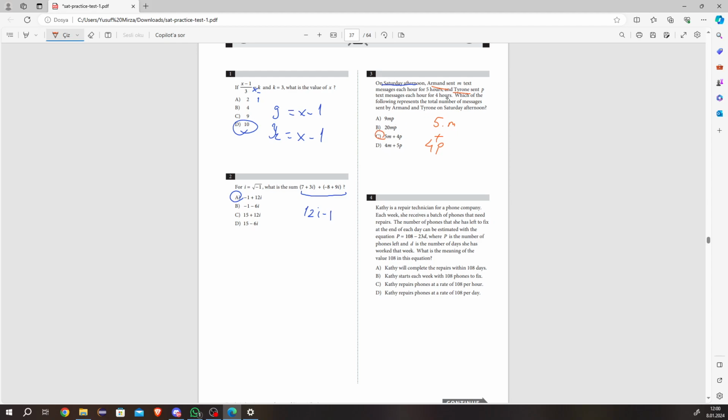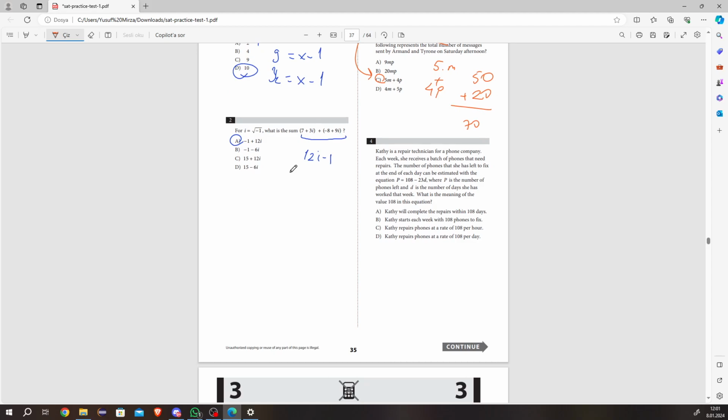Also, we can assume m is 10 and p is 5, and 10 per hour makes 50, and 5 with 4 is 20, which is 70, and you can put them there and select the correct answer. If the equation is very complicated, you can use this method to solve it.